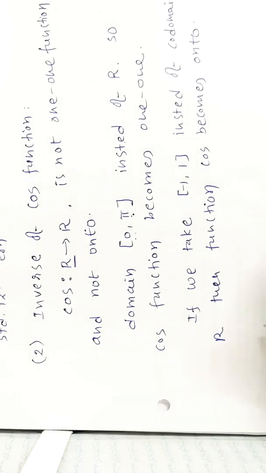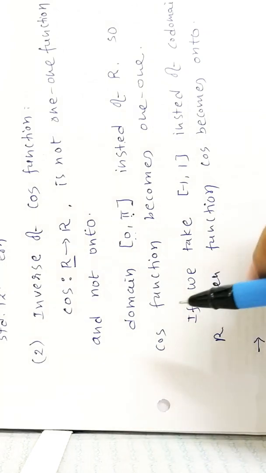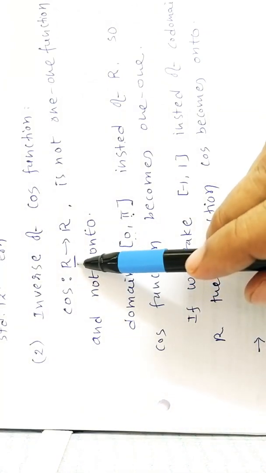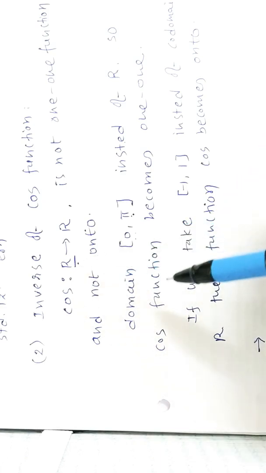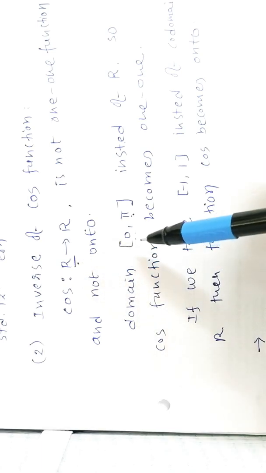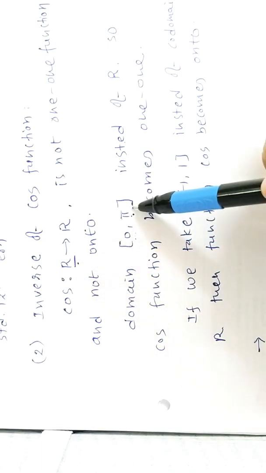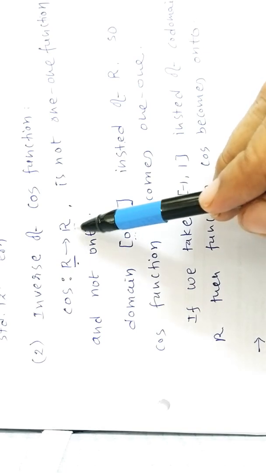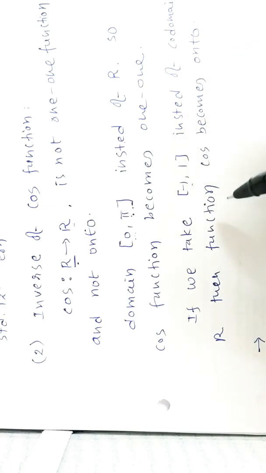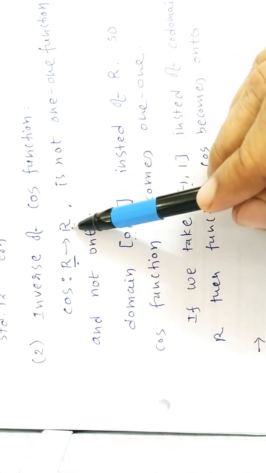So in this way you can see the domain of the cos function is R. The domain will be restricted to 0 to pi, so the function cos becomes one-one. The codomain of the function cos is R. We are taking -1 to +1 instead of R. That is why the cos function becomes one-one and onto.